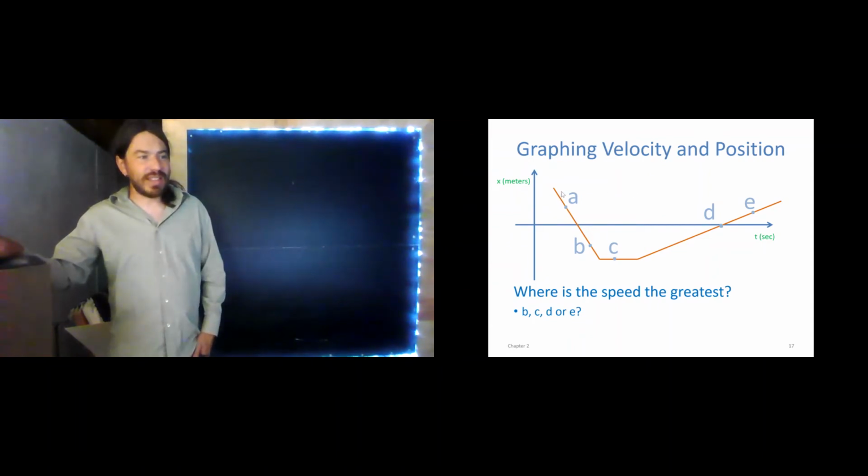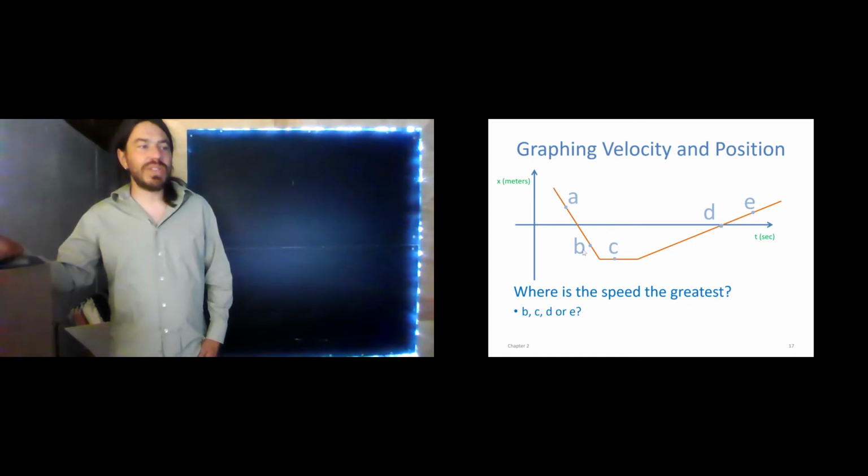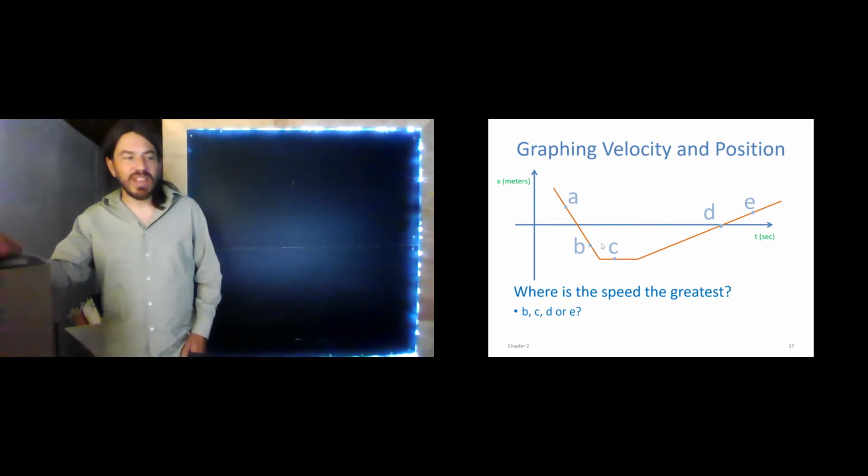And so here we see that this is steeper than this is. So even though E has a positive velocity and D has a positive velocity, A and B have negative velocities. Since the magnitude of the slope is greater at A and B, that is where the speed is the greatest. Again, speed is the magnitude of the velocity vector.